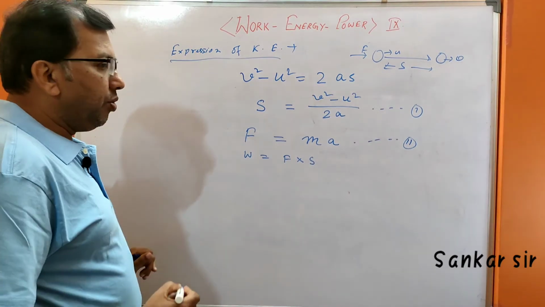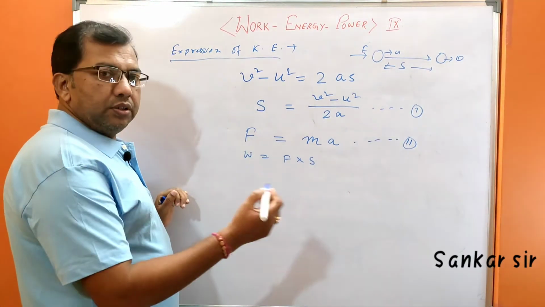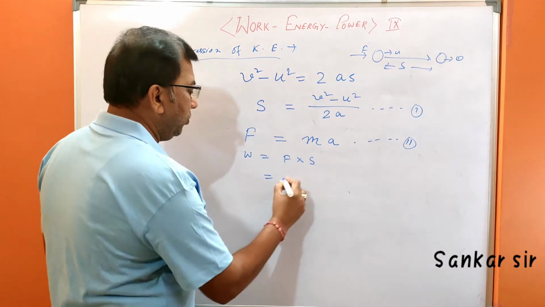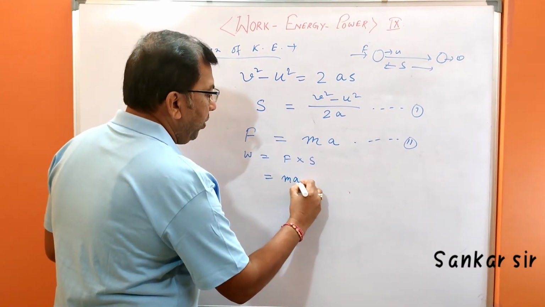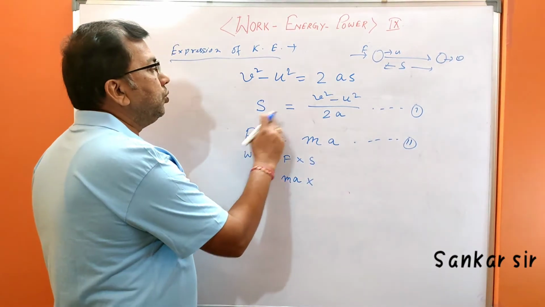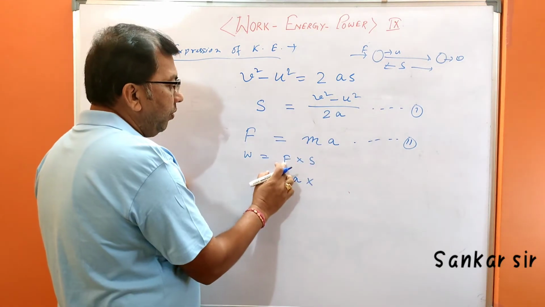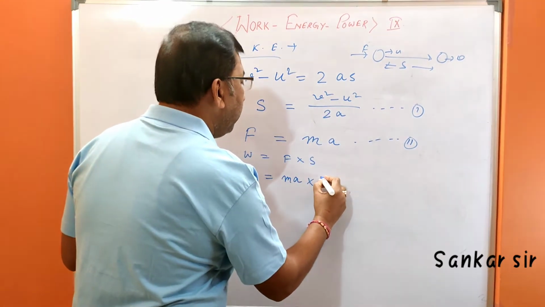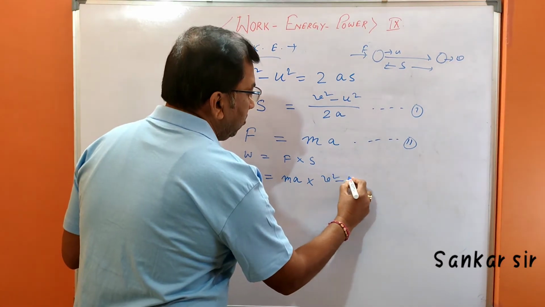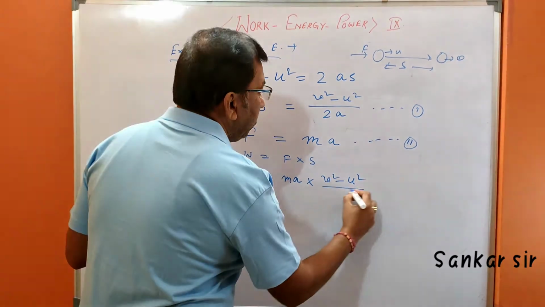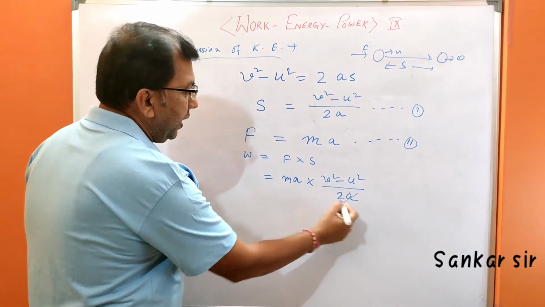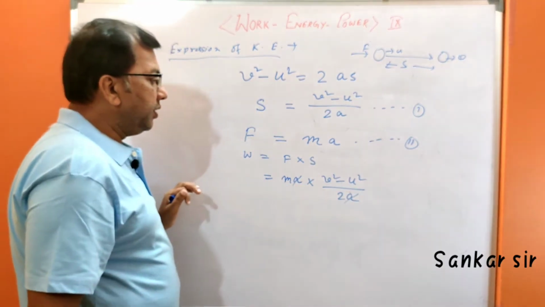What will happen after that? See, F equals to ma, that is ma into S. You have to put the value F equals to ma and S equals to v square minus u square by twice a. The a gets cancelled.